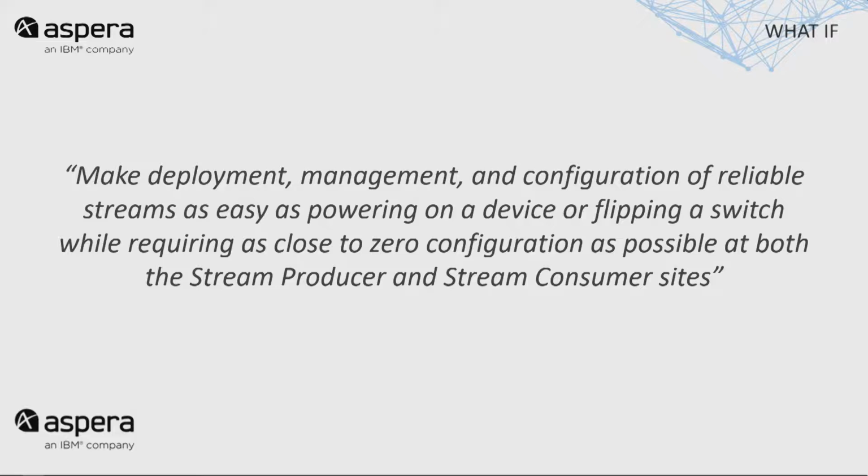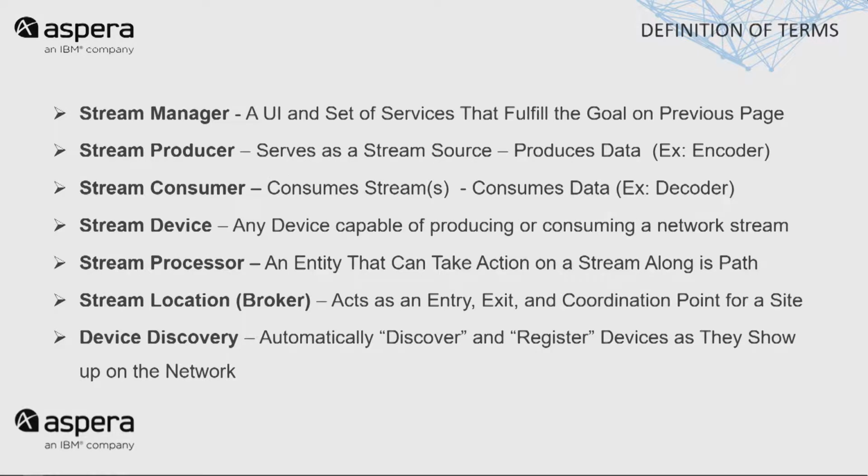We'll talk about some definitions in a minute of what these are. In fact, here we are, definitions of the terms. So I won't read every one of these. You can sort of read them on your own. We've picked these terms based on our experience with customers. Your terms internally may be different, but basically a stream manager is a UI or a GUI that allows you to manage everything to fulfill that goal.